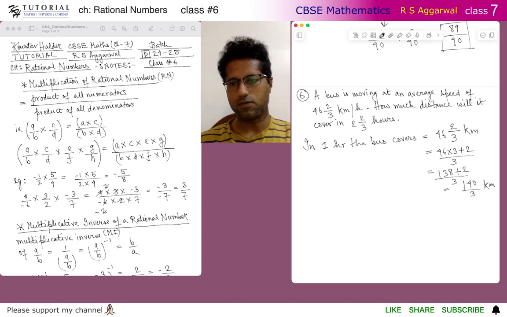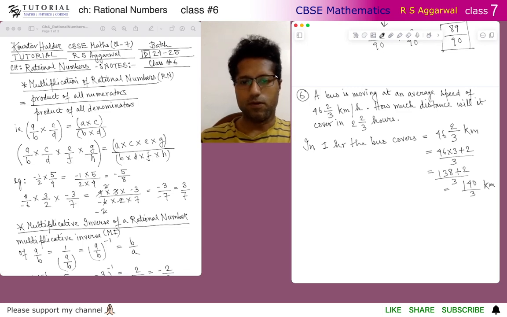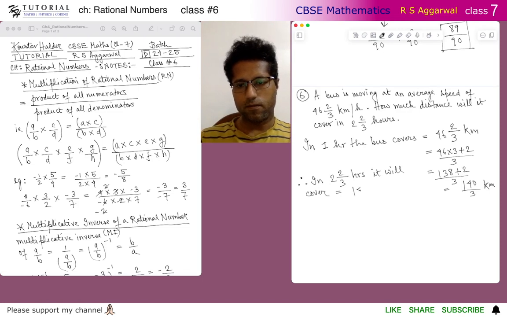So in 1 hour the bus covers 140 by 3 kilometers. Therefore in 2 hours it will cover equals to 140 by 3 multiplied by 2, this much kilometer.